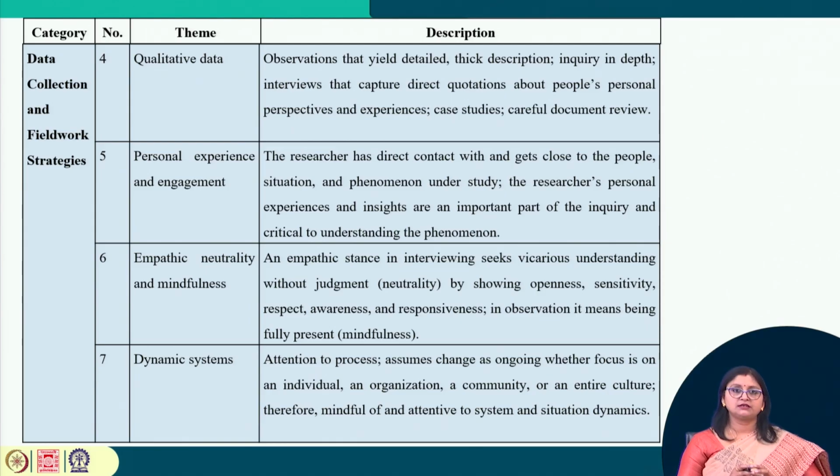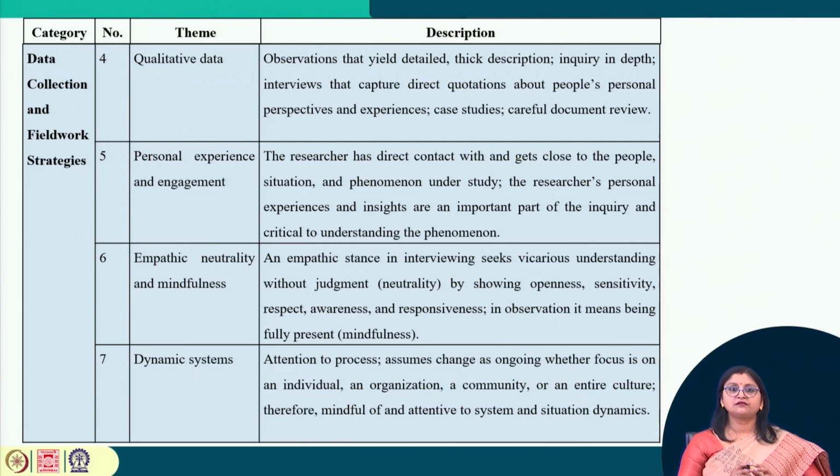And the third one is empathetic neutrality and mindfulness. This is talking about the empathetic stance in interviewing, which seeks understanding without judgment, that is neutrality, by showing openness, sensitivity, respect, awareness and responsiveness in observation.